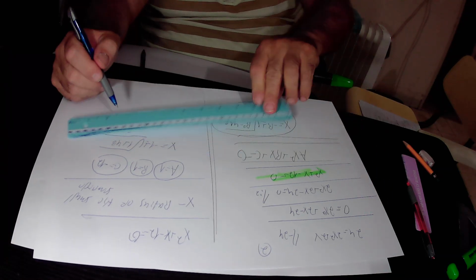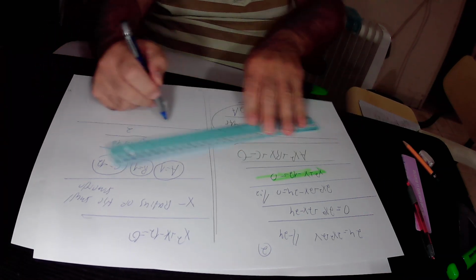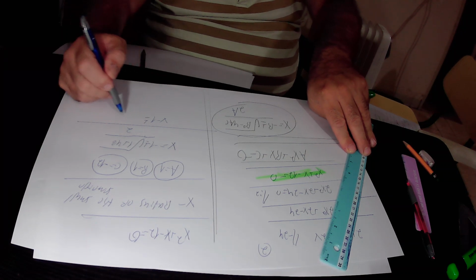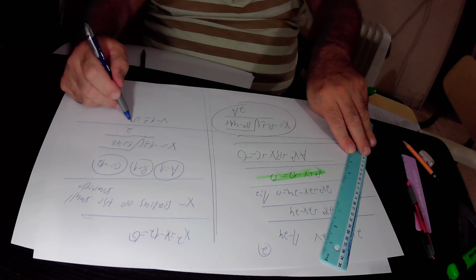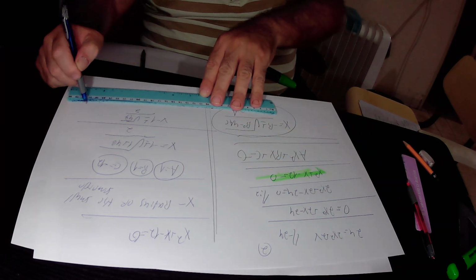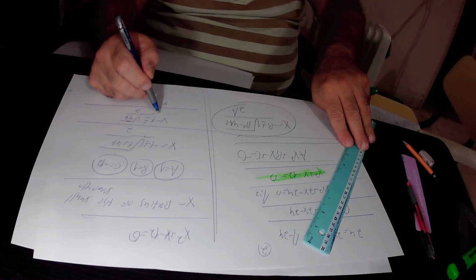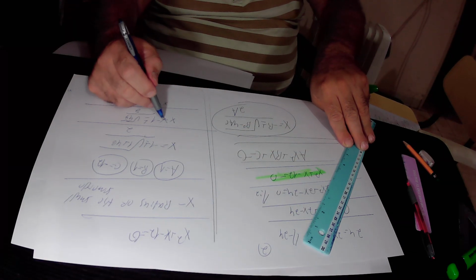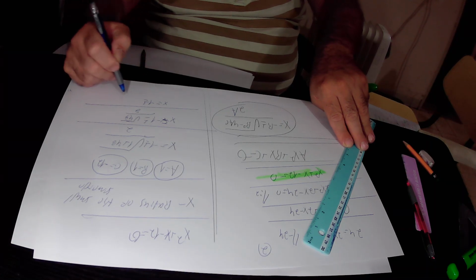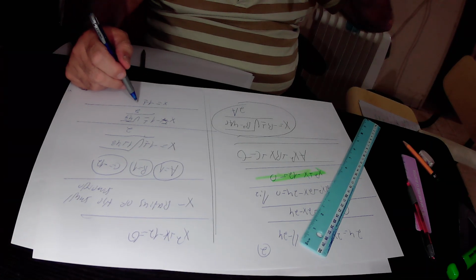So in total, we actually found out that x equals to minus 1 plus minus, inside the root we have 48 plus 1 is 49 over 2. So in total, x equals to minus 1 plus minus the square root of 49 is 7 over 2.